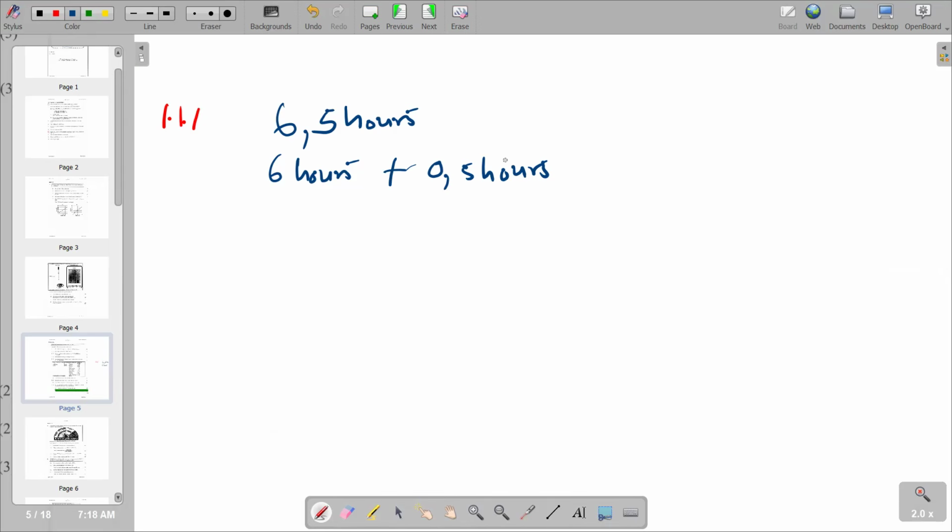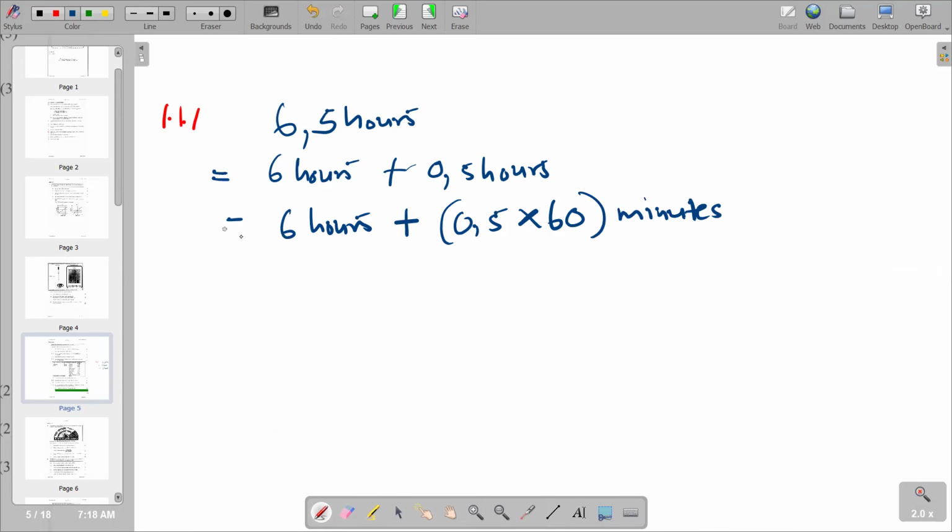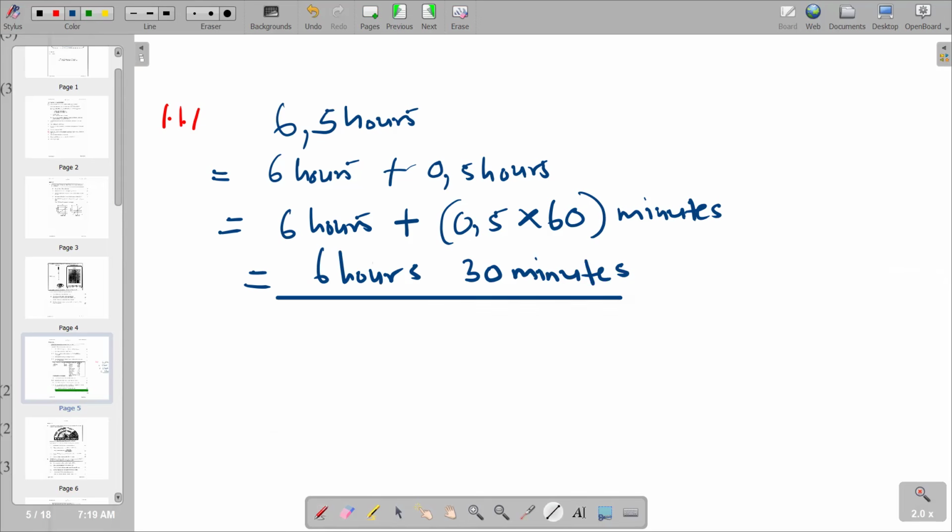In an hour we have got 60 minutes. So we say 6 hours plus 0.5 times 60 to convert it to minutes. If we calculate it, the final answer becomes 6 hours 30 minutes. So this becomes our final answer on the first part.